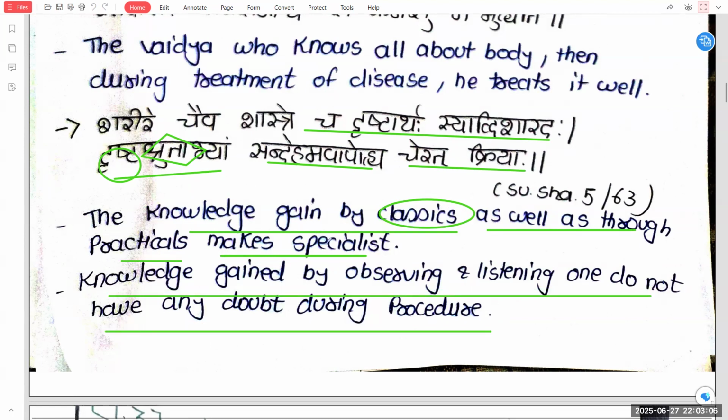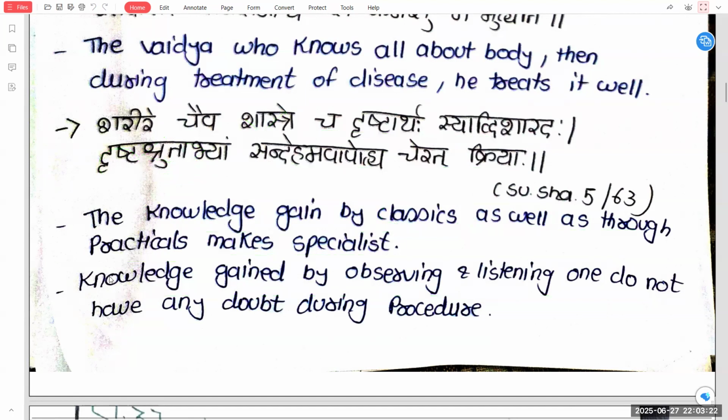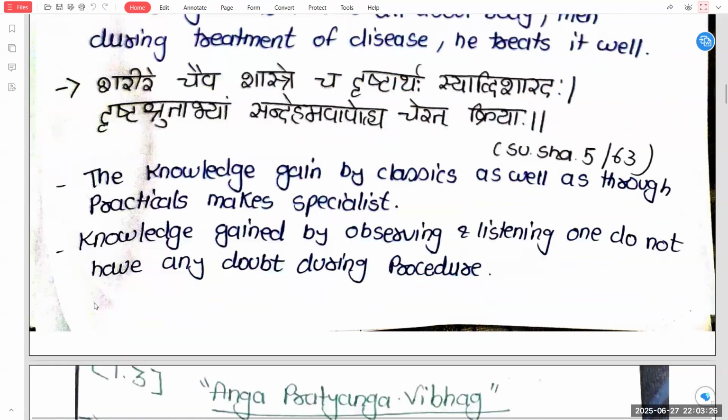So, if one has the knowledge which is gained through observation, proper listening and thorough reading of the grantha, that is the shastra, then the knowledge is perfect and one will not have any doubt while performing the surgery or any other procedure. So this is the importance of Sharir.